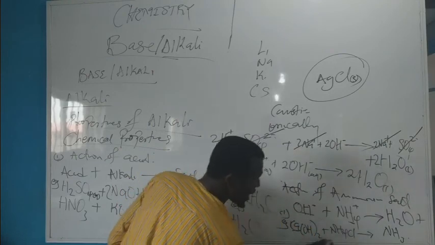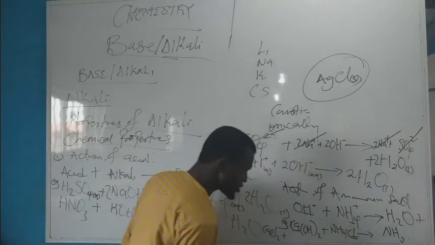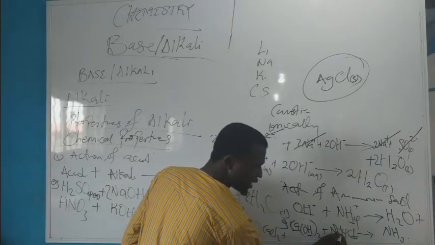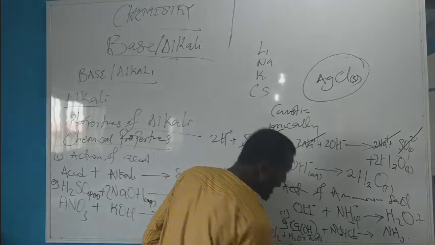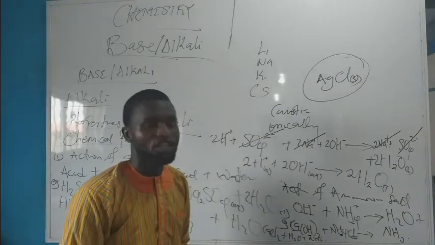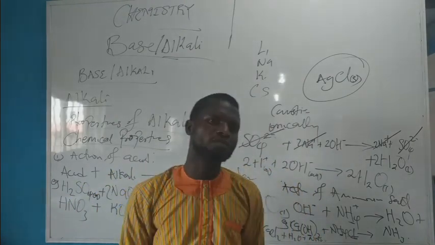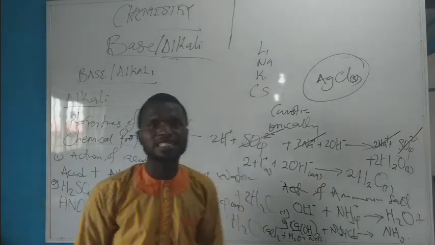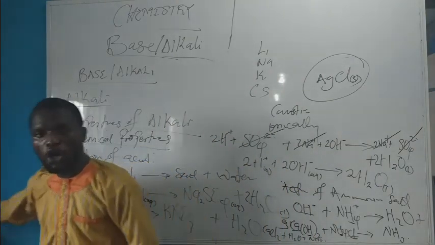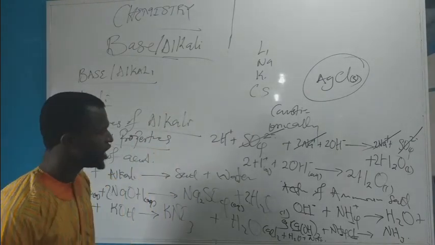Now calcium and chlorine will combine to give you calcium chloride, plus hydroxide ion and one hydrogen ion will combine to give you water and ammonia. So this reaction is exclusive to the qualitative analysis of ammonium salt. It literally means the reaction is used to test for the presence of ammonium salt, in that this gas is liberated which has a choking smell.